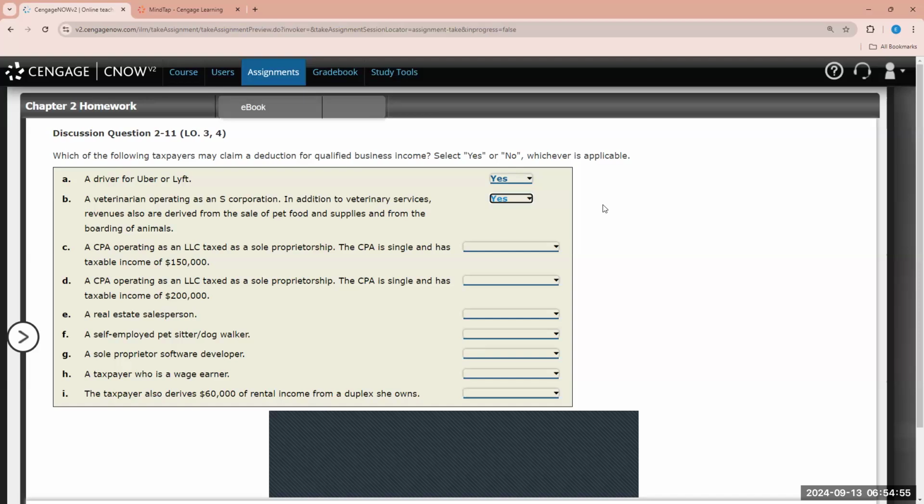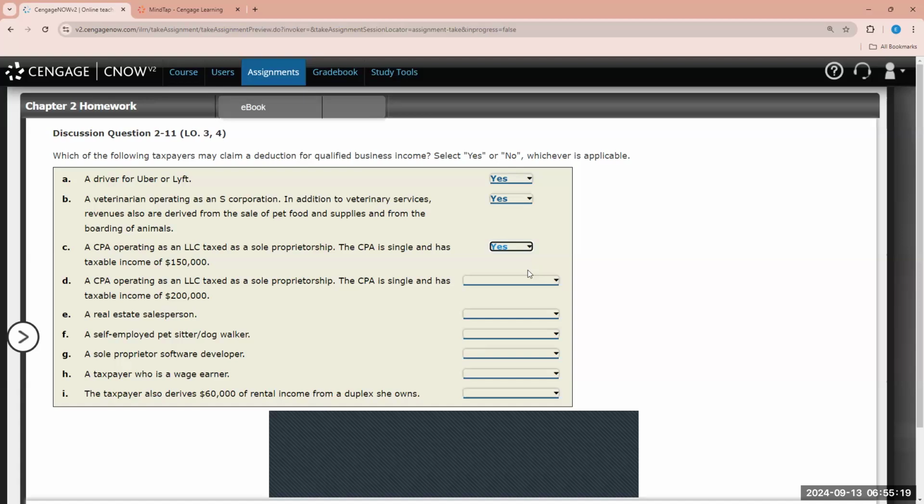Next, we have a CPA operating as an LLC, taxed as a sole proprietorship. The CPA is single and has taxable income of $150,000. So the answer is yes, the sole proprietor is eligible for a QBI deduction. D is a bit similar. Here we see a CPA operating as an LLC, taxed as a sole proprietorship.